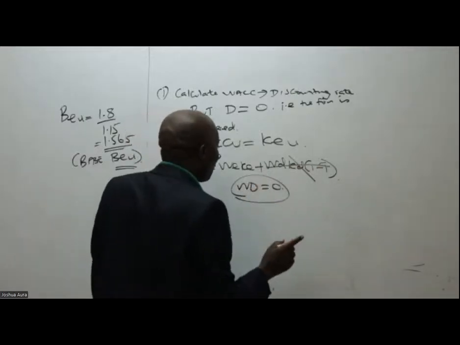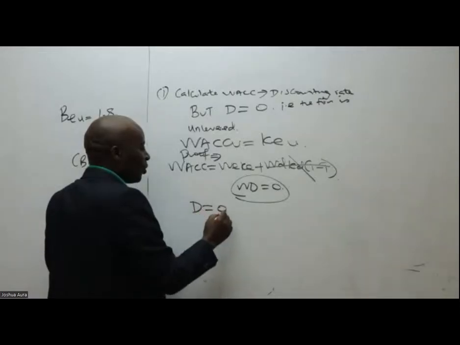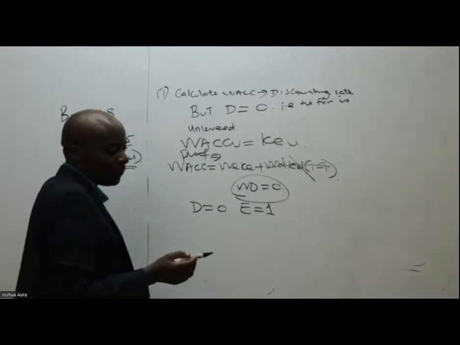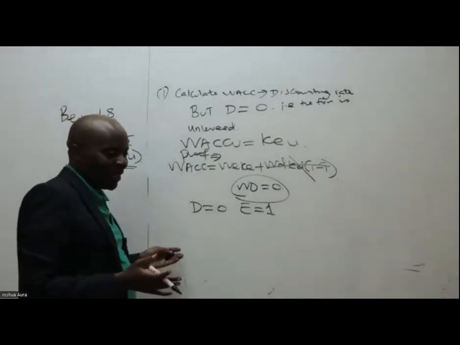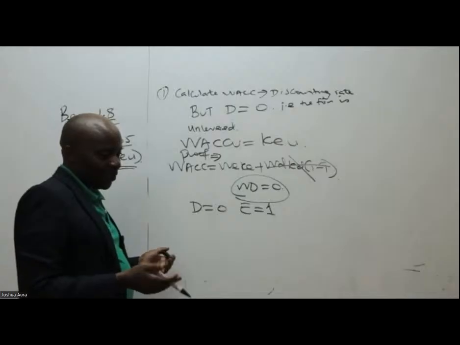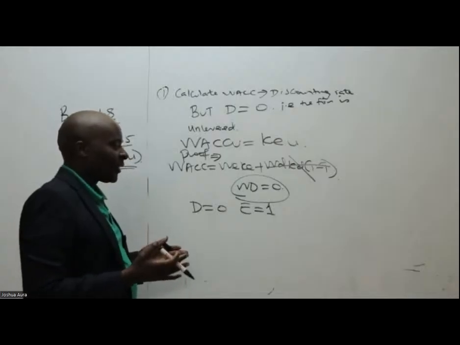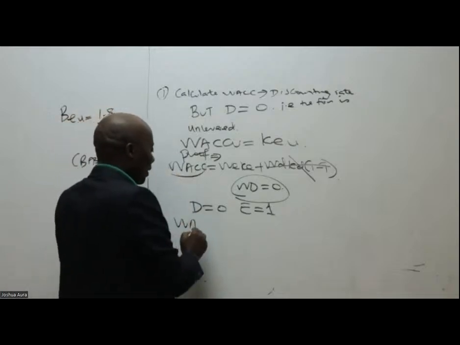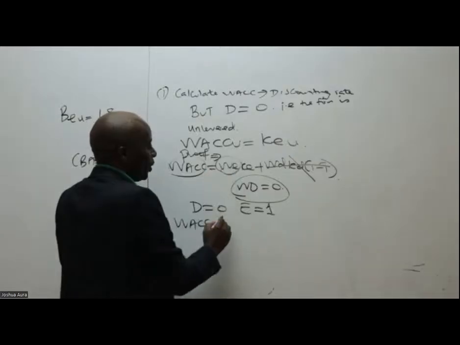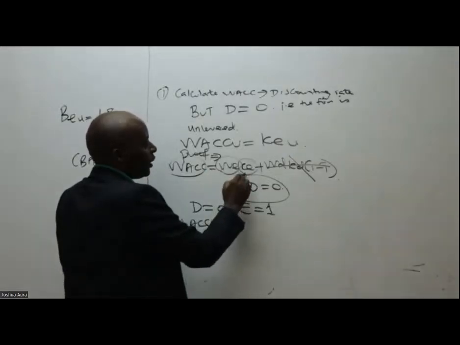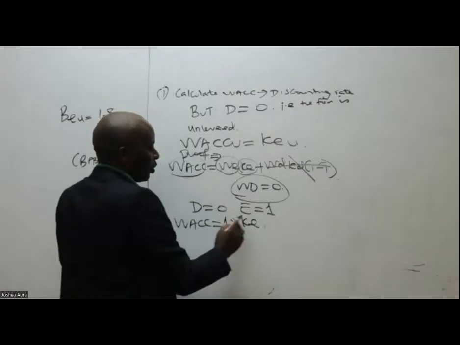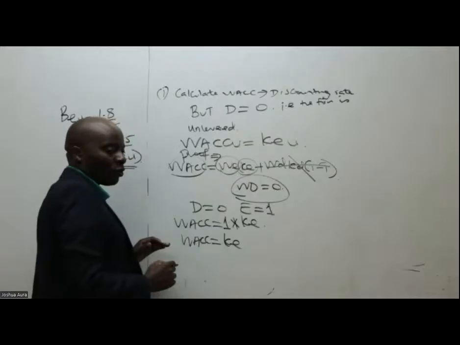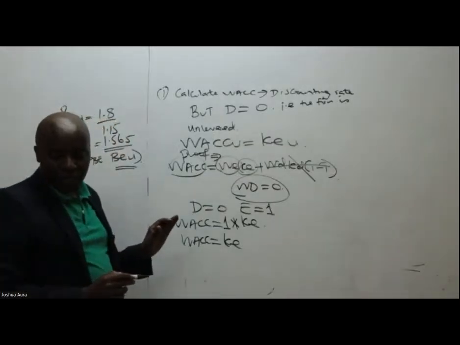Then equity weight automatically will be 1, because the two must always add up to 100%. So our WACC will be equal to weight of equity, which is 1, times cost of equity. Meaning our WACC will be equal to cost of equity for unlevered organizations.